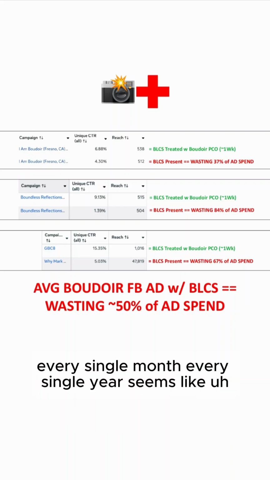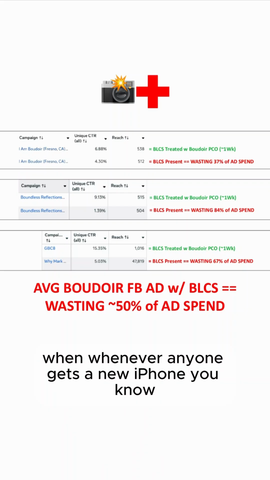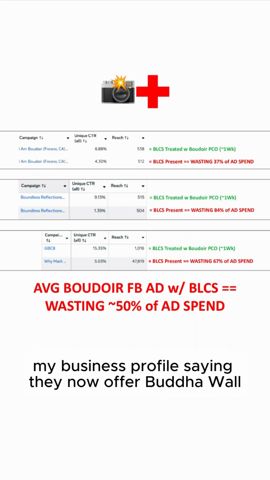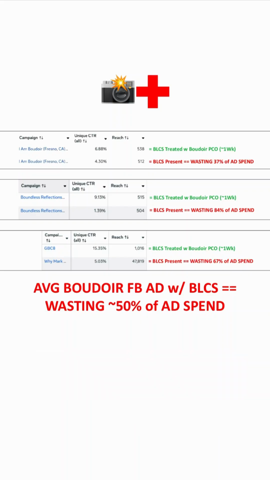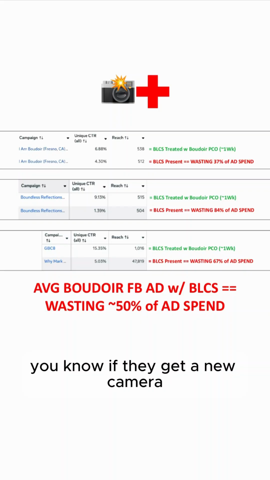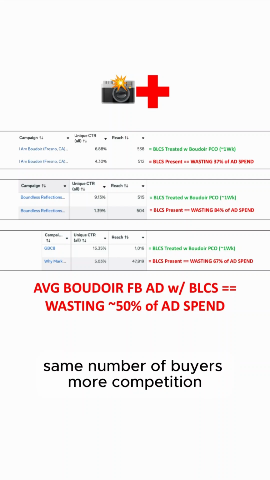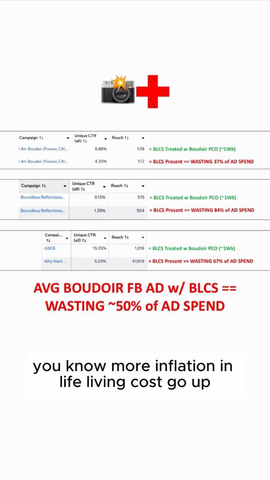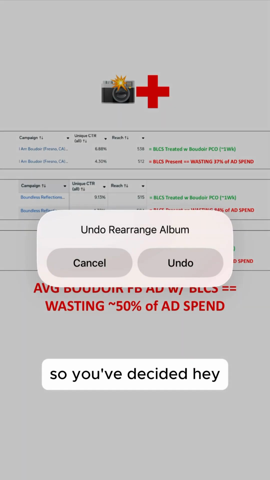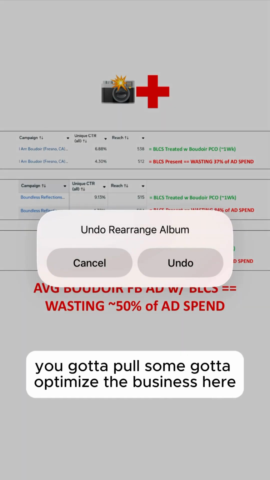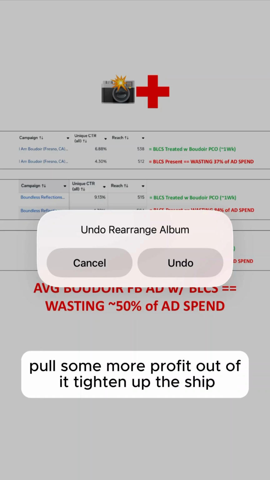Seems like whenever anyone gets a new iPhone, they're throwing up a new Google My Business profile saying they now offer Boudoir, or if they get a new camera, they're posting in the mom group saying they now offer Boudoir. So there's more service providers, same number of buyers, more competition, and you're also seeing more inflation in life, living costs go up. So you decided, hey, you've got to optimize the business here, pull some more profit out of it, tighten up the ship.